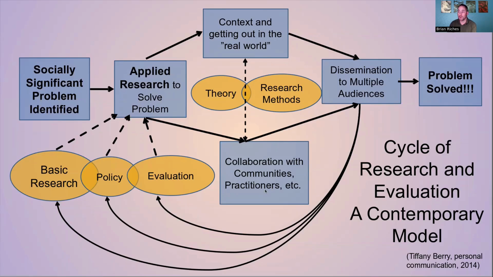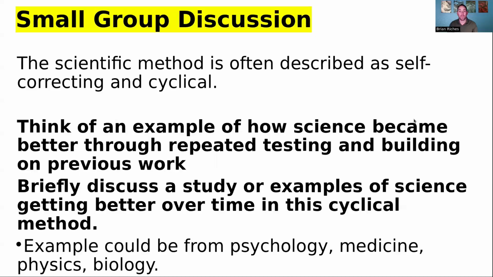You talk to people working on that, you look at what's been done before, you use theory and research methods to design some new studies, you test some interventions out, you see what works, then you disseminate that to lots of audiences, whether it's evaluators, policymakers, or other researchers. You do this cycle until you solve the problems. That is really the model of what we're trying to do in science, to build research and build answers and understand how to solve problems.